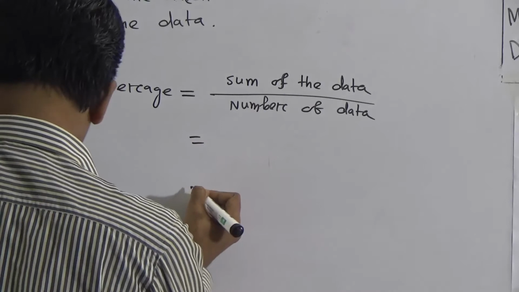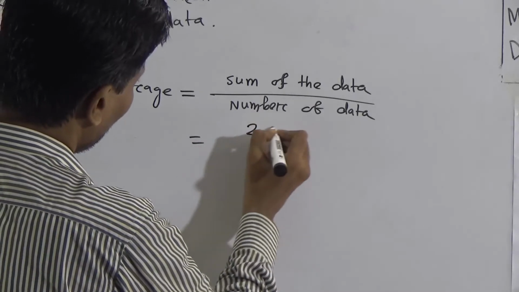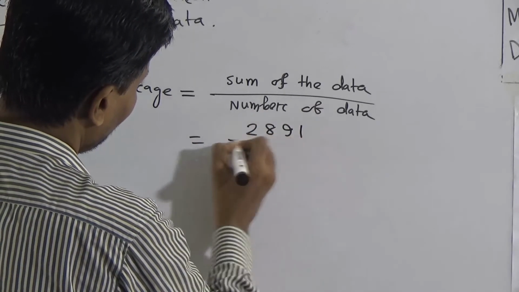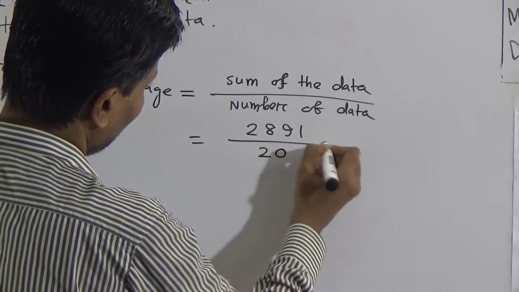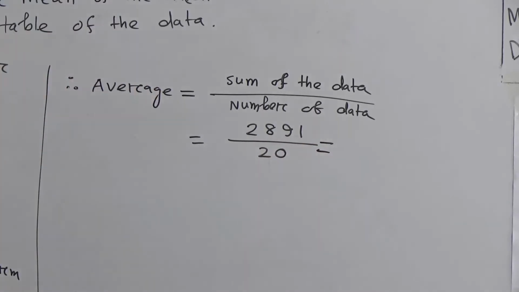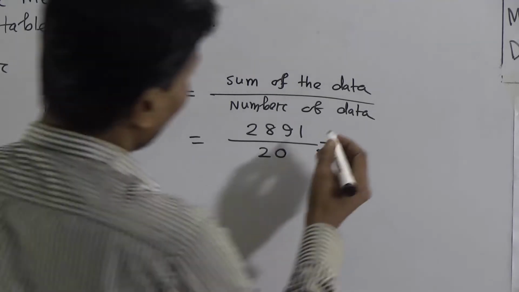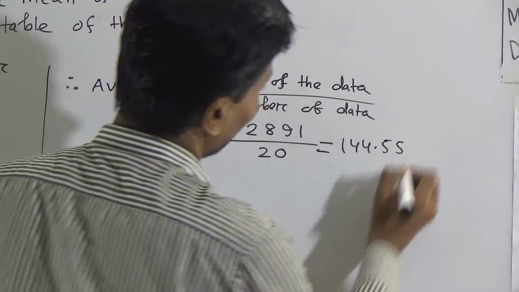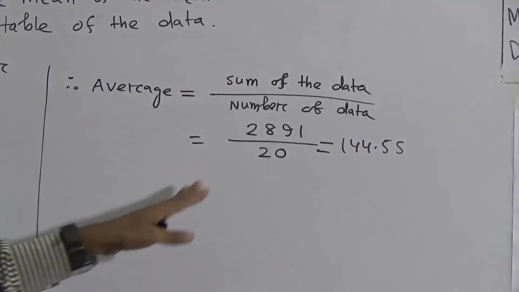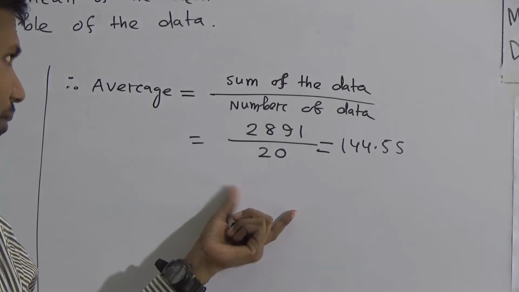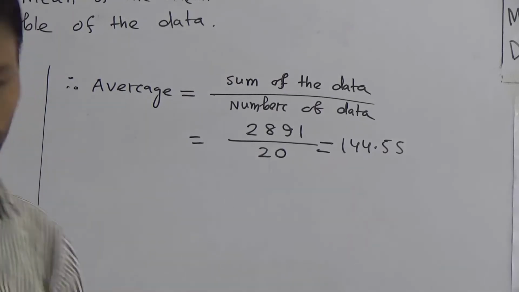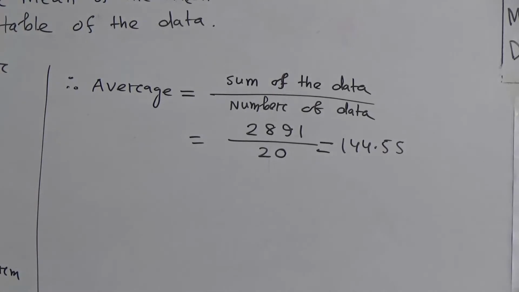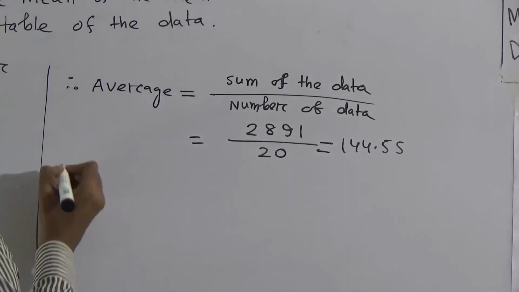Sum of the data is 2891, number of the data is 20. If you divide 2891 by 20, then you get 144.55. Okay, dear student, you can do this using any simple calculator. Then you get 144.55. Now write the answer.